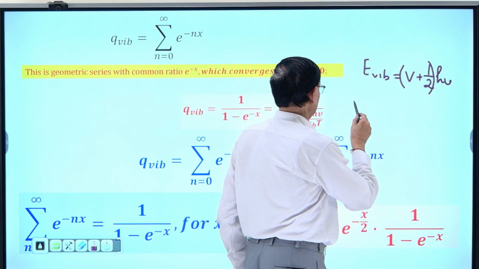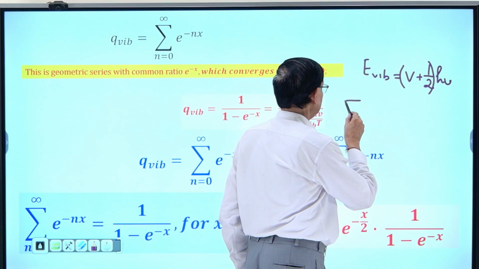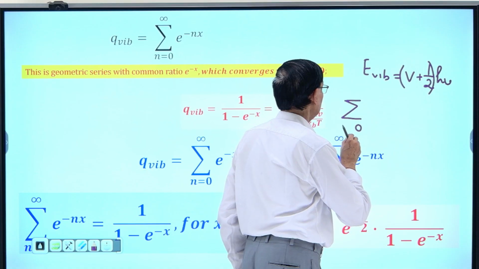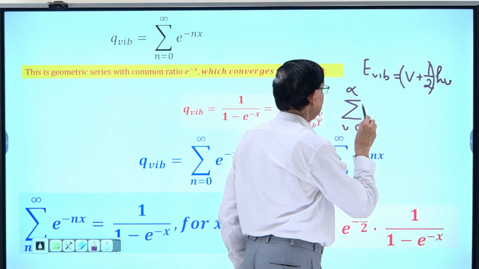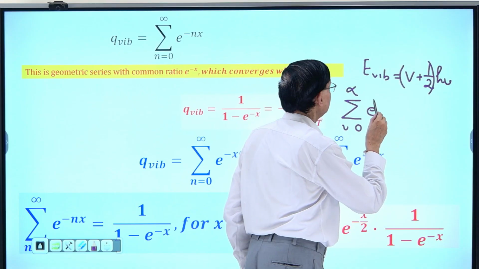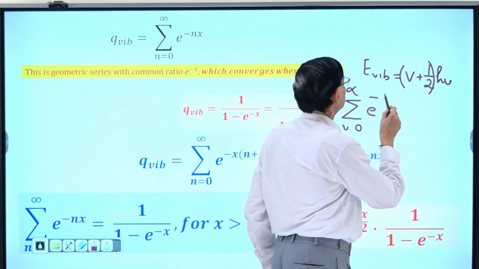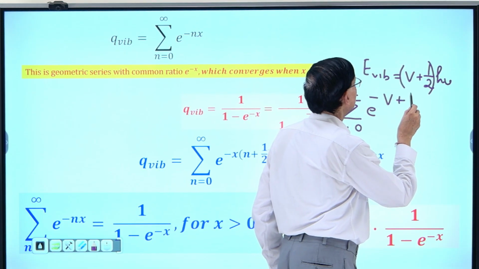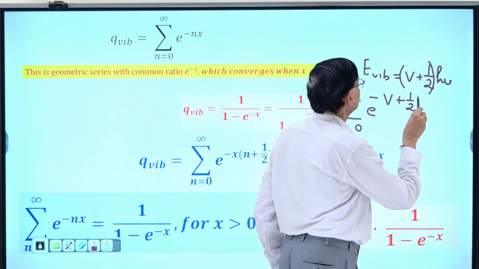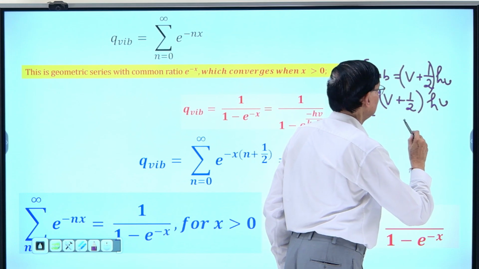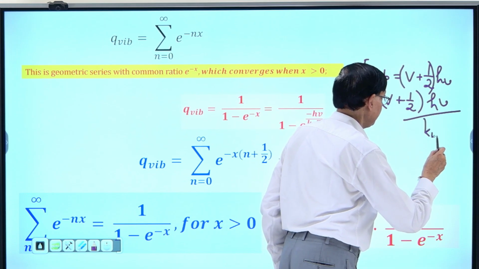So in the summation from 0 to infinity I take exponential minus v plus half, h nu divided by kBT.